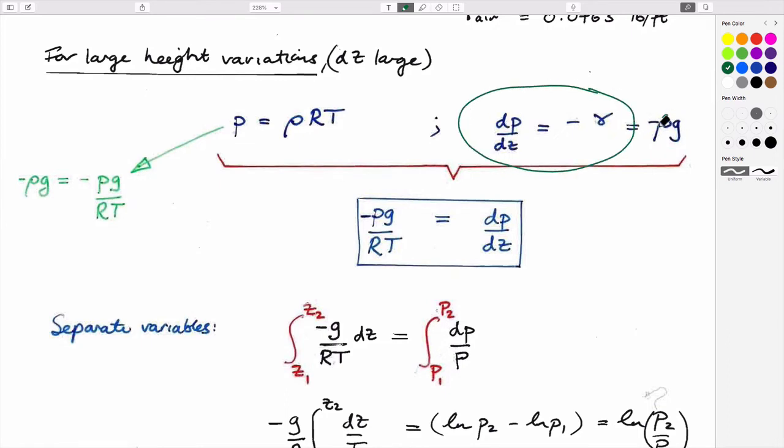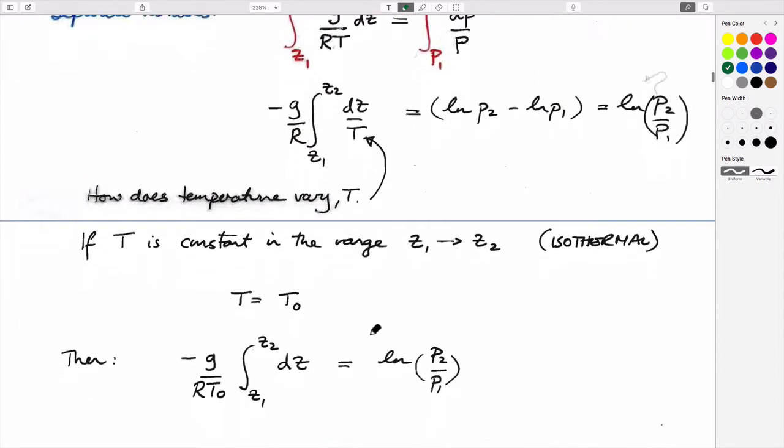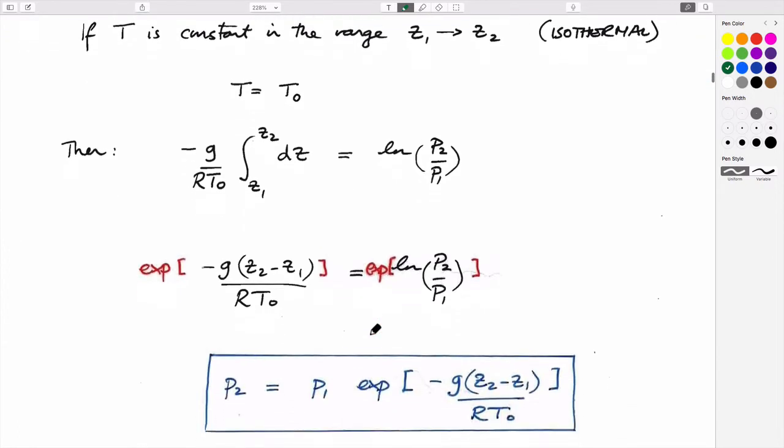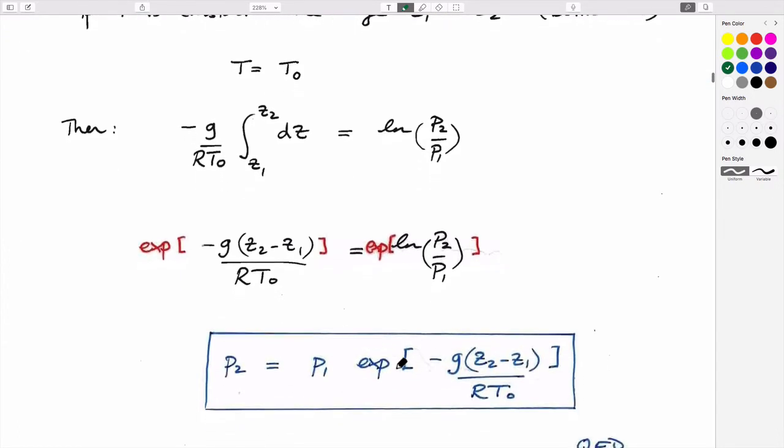We noted that density changes with pressure, and therefore we have to use the ideal gas law. We did some substitutions, and after the integration, we ended up with this relationship here. We made the assumption that temperature is always constant and doesn't change.